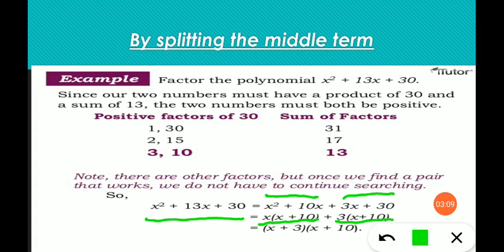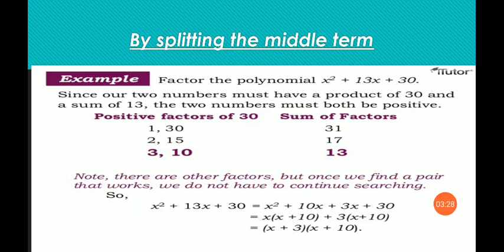So again in these two terms x plus 10 is common, so lastly we will take x plus 10 common, and thus the final factors are x plus 3 multiplied by x plus 10. So this is the way to factorize the polynomial by splitting the middle term.